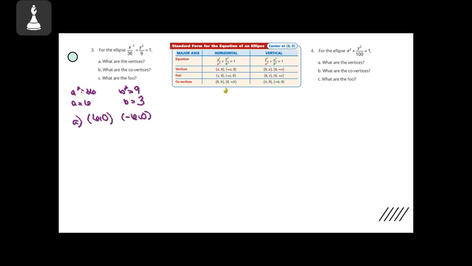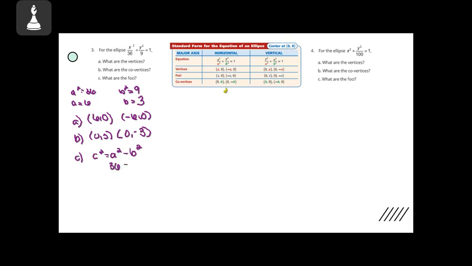Our co-vertices are going to be then 0, b and 0, negative b, so 0, 3, 0, negative 3. And then the foci, we need to find c first. So that is c squared equals a squared minus b squared. a squared is 36, b squared is 9.